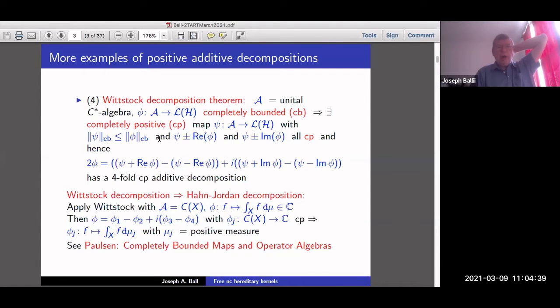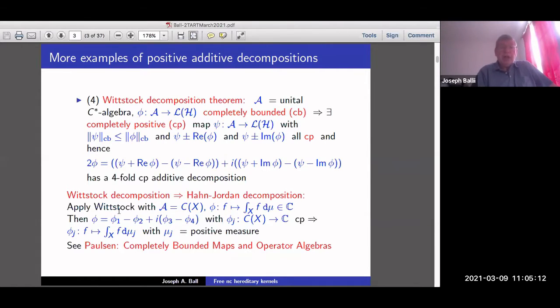But another remark is that the Wittstock decomposition can be considered as a generalization of the Hahn-Jordan decomposition. This is explained in Paulsen's book. You take the special case where the unital C-star algebra is continuous functions on a compact Hausdorff space, and your completely bounded map is: take a continuous function f, integrated against mu.